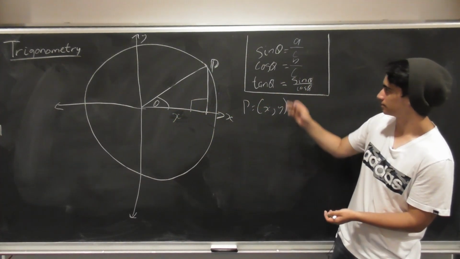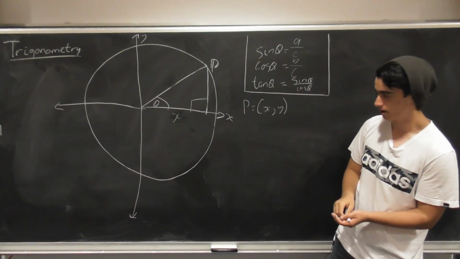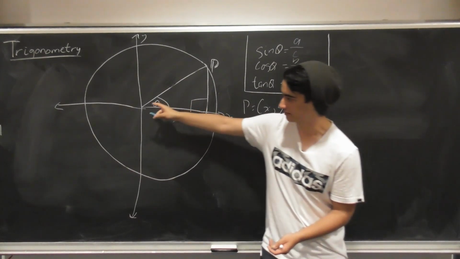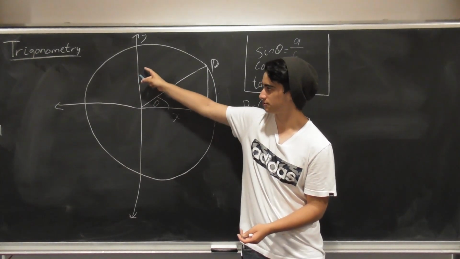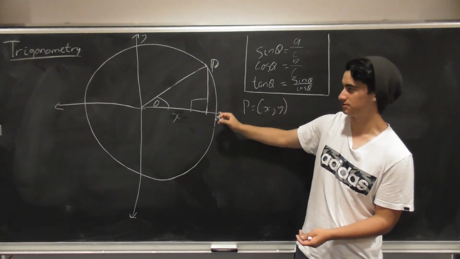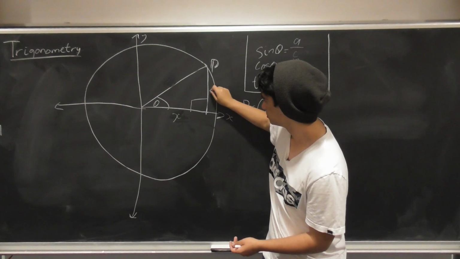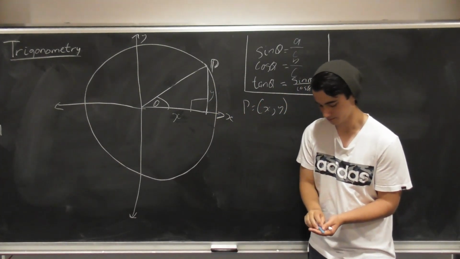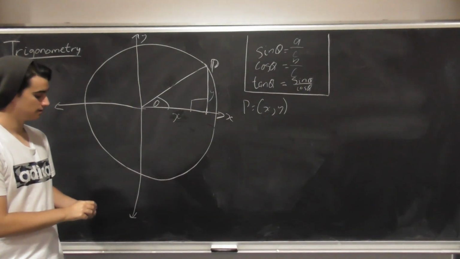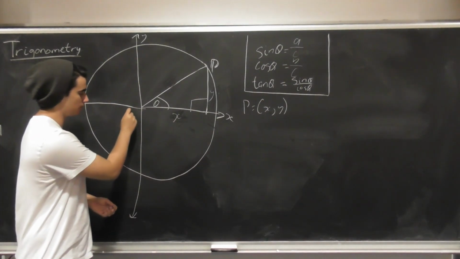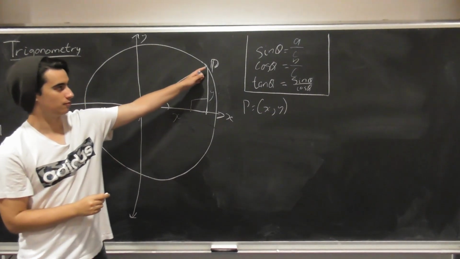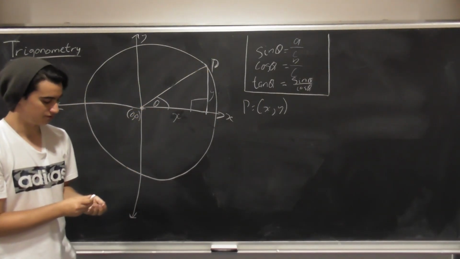And the same can be said for the opposite side in our sine function. It's really the same distance as the y coordinate. So if we want to go up a certain amount to get to P, that's really the same as this opposite side of the triangle. So we'll call that y. And if we have a circle of any radius, the distance between the origin, so 0, 0 here, and our point P will be the radius of the circle.